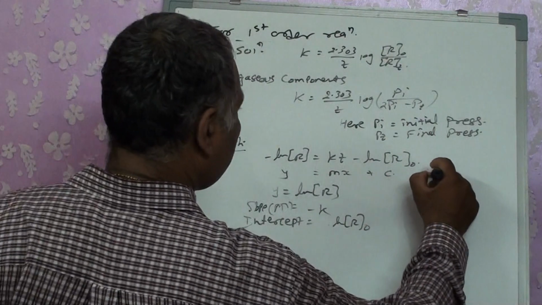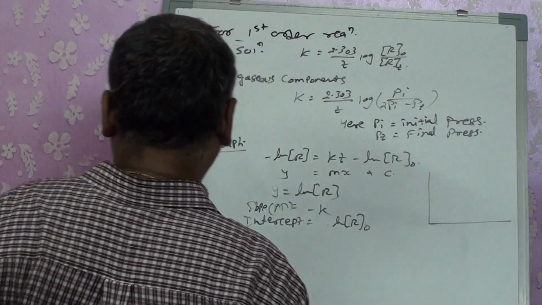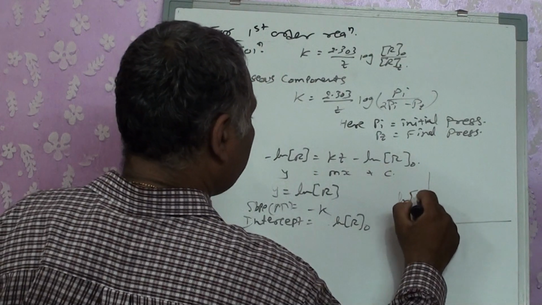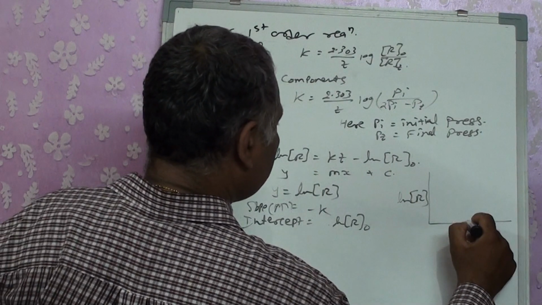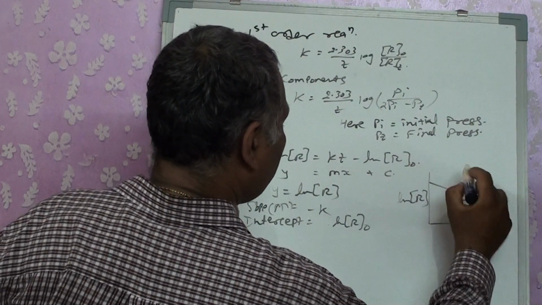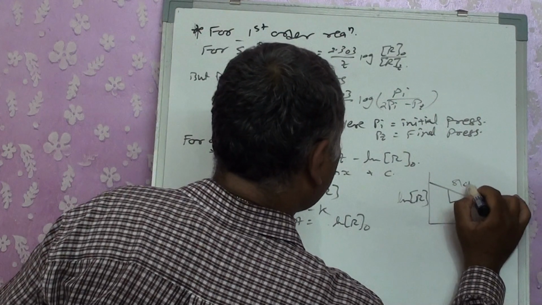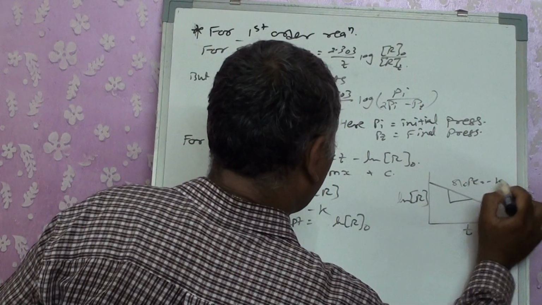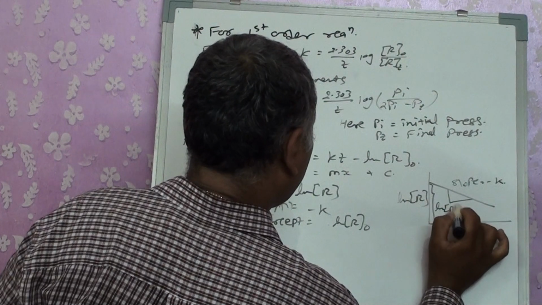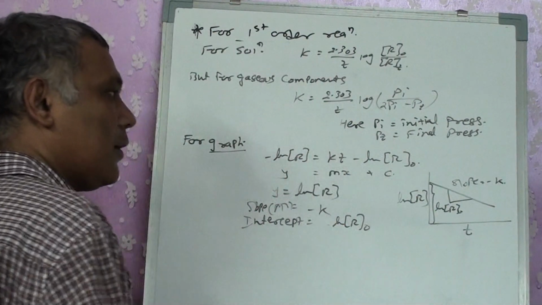So if I plot a graph of ln R against t, I am going to get a straight line, slope minus k, intercept ln R naught, right?